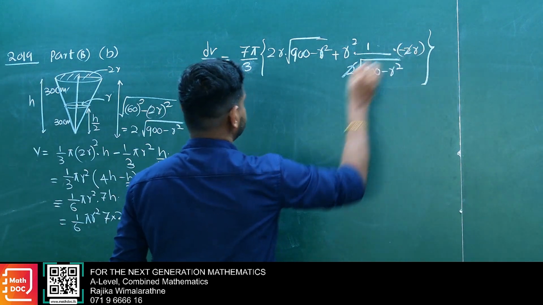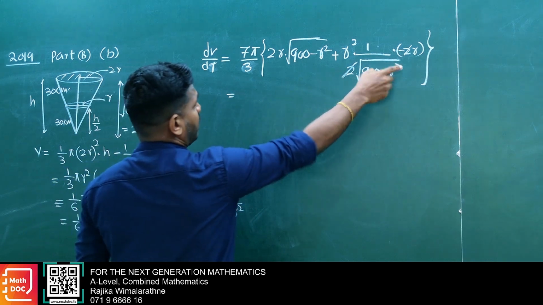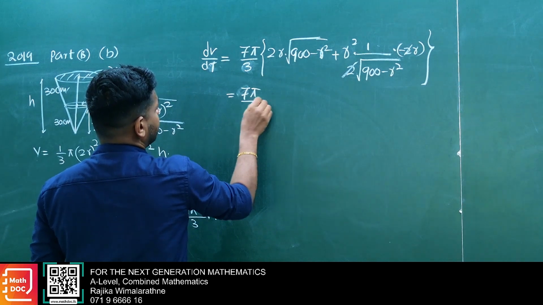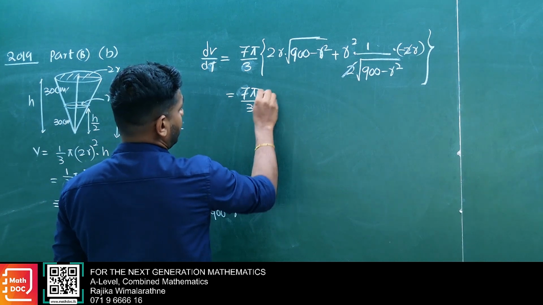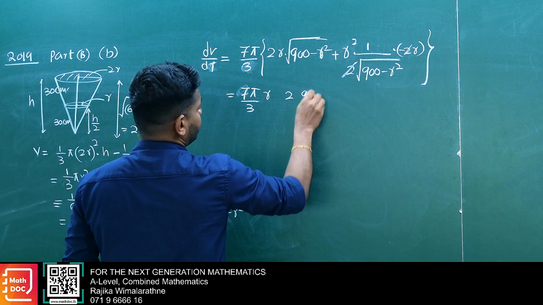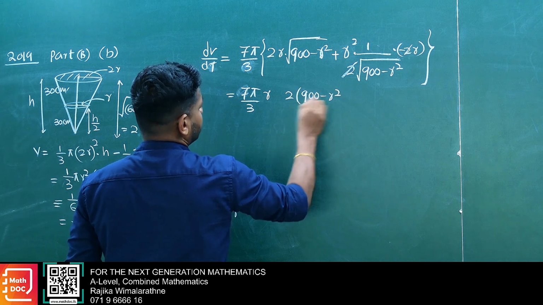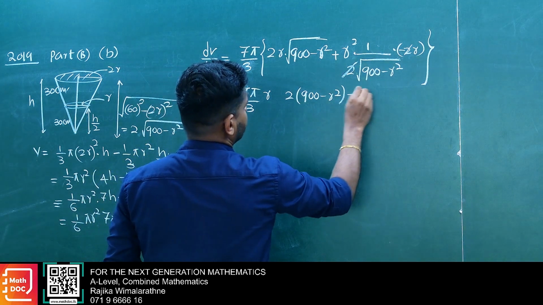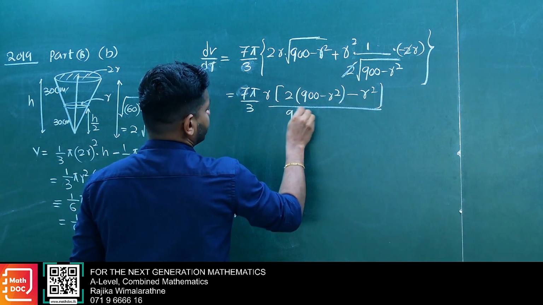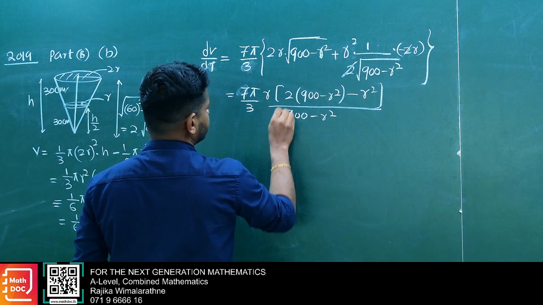Let's do this. Here take r common outside. 7 pi divided by 3 r, get a common denominator: 2 times (900 minus r squared) minus r squared, over the square root of 900 minus r squared.